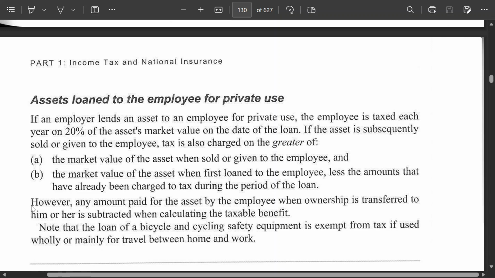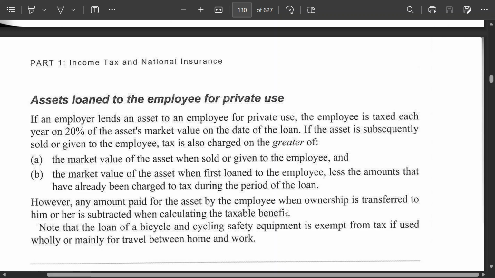So they have mentioned for both the methods that any amount paid for the asset by the employee has to be deducted, which is logical, which we are doing everywhere. If you remember in housing benefits also, if the employee is paying anything, then we have to deduct it. The only exception to this rule appears in the case of fuel benefit, where you have to remember the special rule that unless the employee pays for the full amount of fuel, he does not get any credit for anything he has paid.